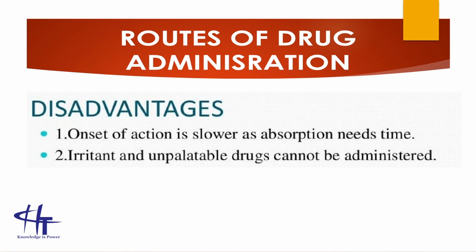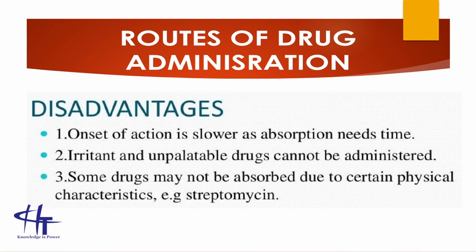However, they have found solutions to this. Sometimes they coat it with a sugary substance so that it can be palatable. However, there are those that are uncoated that are irritant and non-palatable, and so have to be administered via the parenteral route. Now, some substances may not be absorbed due to certain physical characteristics, like, for example, streptomycin.